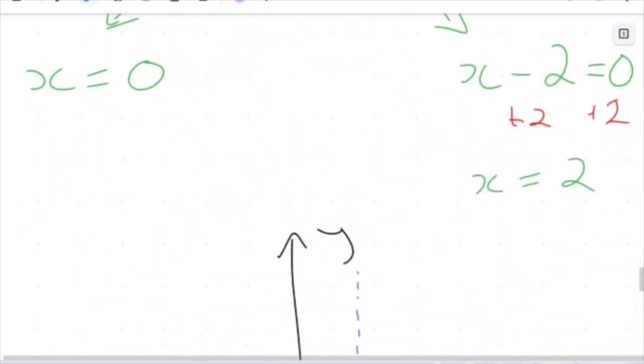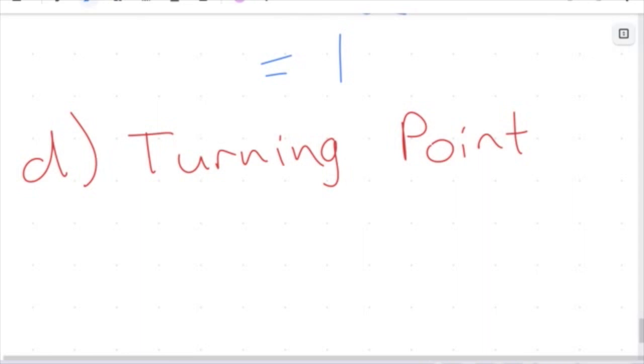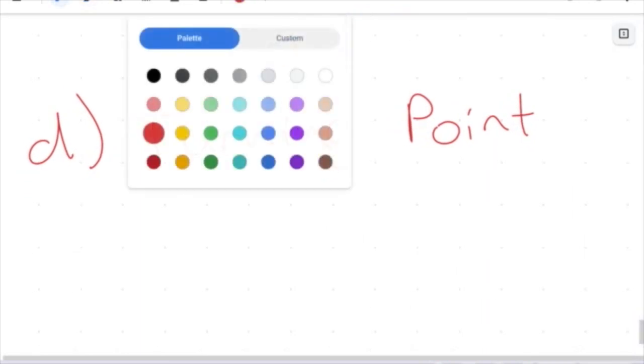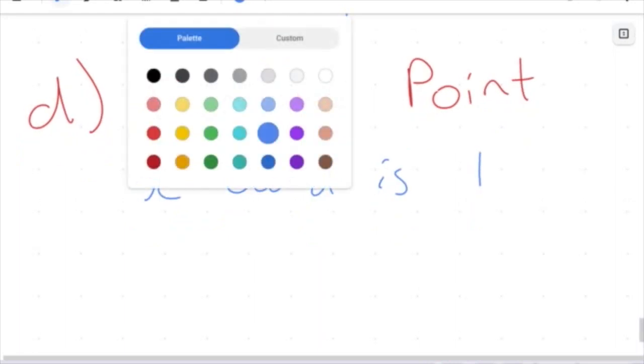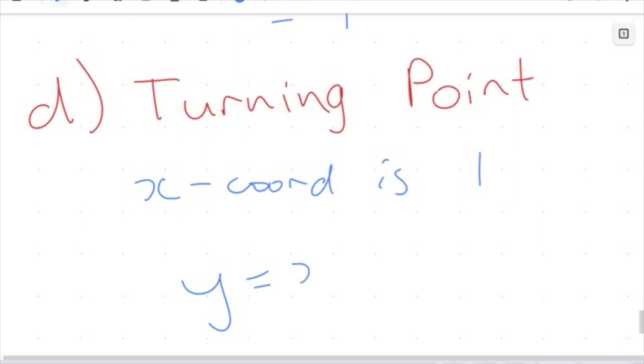So what I'm going to do for my turning point, I already know the x coordinate is 1. So I'm going to substitute 1 into y equals x outside of x minus 2.